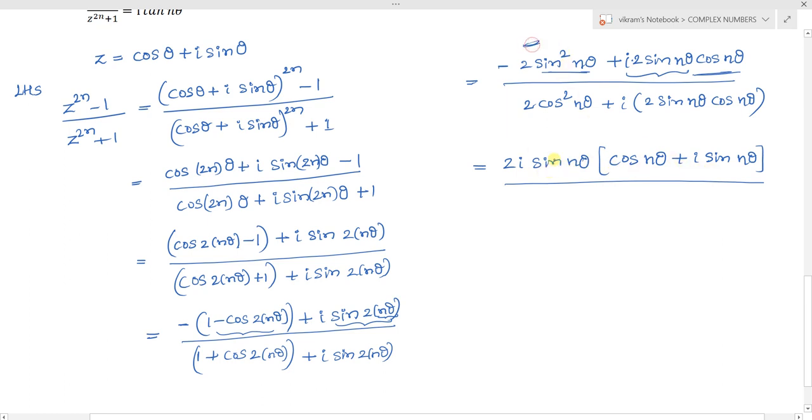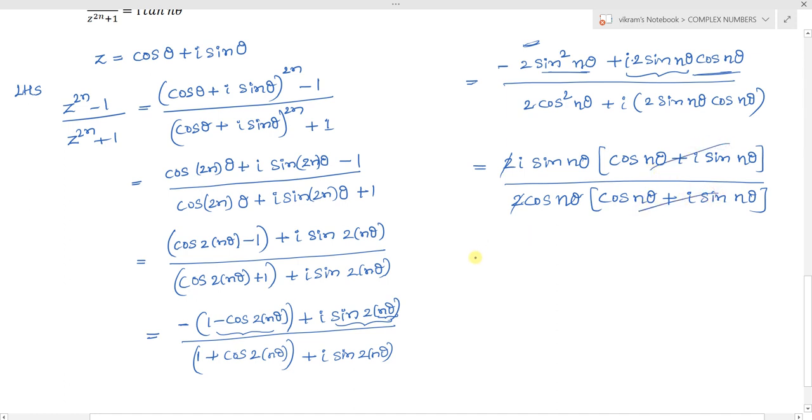So we are obtaining this, and if we take 2i sin n theta as common, then we get cos n theta plus i sin n theta. In the denominator, take 2 cos n theta as common, then we can write this as cos n theta plus i sin n theta. Now we can cancel out 2 and cos n theta plus i sin n theta.